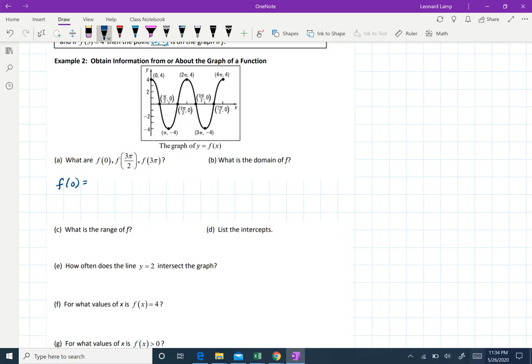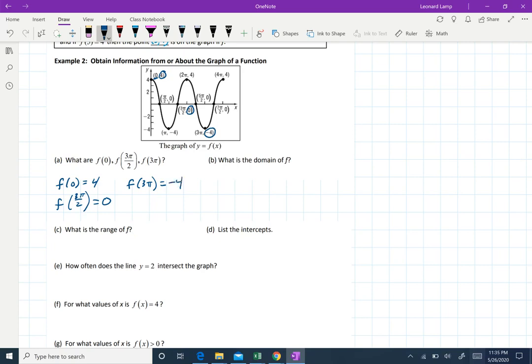So if I plug f of 0 in, here's my x of 0, my y value is 4. So I'm just locating that value right there. Okay, keep doing this. f of 3 pi over 2. When I plug in 3 pi over 2 for x, my y value is 0. When I plug in 3 pi, my y value is -4.